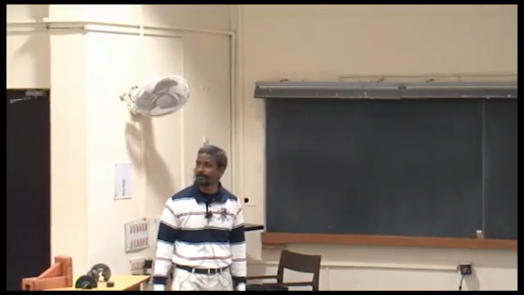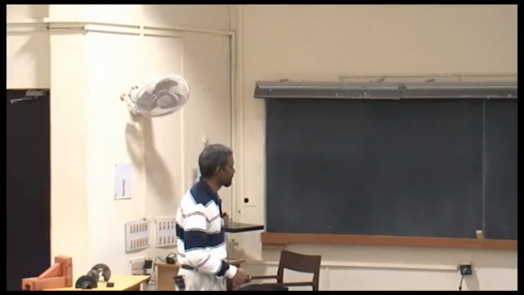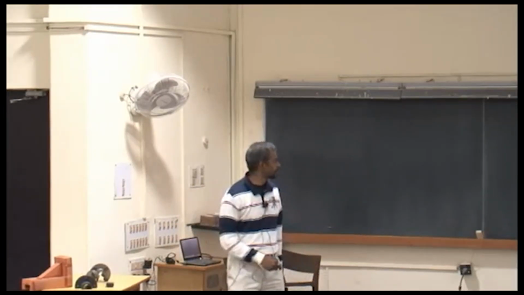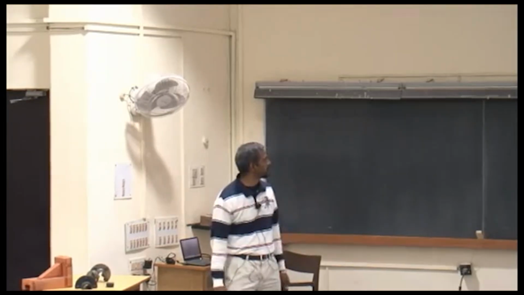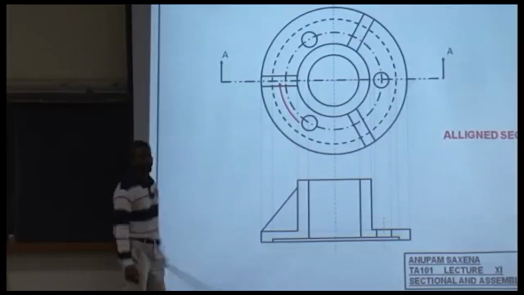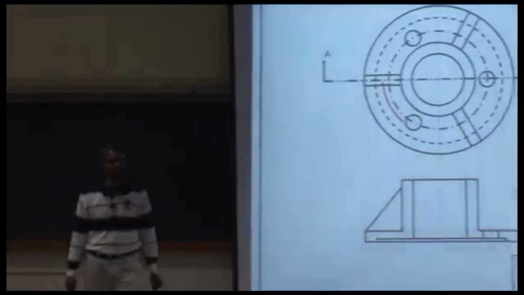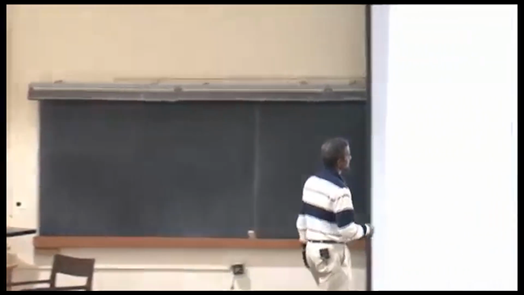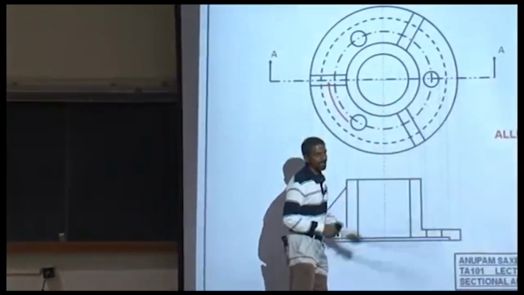One more time. So far so good here? Imagine that the hole travels up to this section plane and participates in the sectioning. Correspondingly, you'll see this hole over here. Likewise, imagine that the rib rotates itself to align with the section plane.